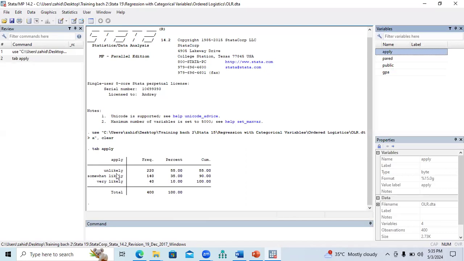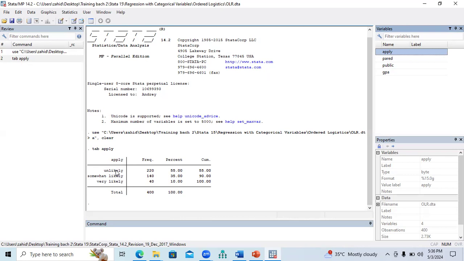There are 220 students who are unlikely to apply to a particular institution, and it accounts for approximately 55%. There are 140 students who are somewhat likely to apply to a particular institution, and there are 40 students who are very likely to apply. So these include only 10%. This is the specific detail of tab apply.